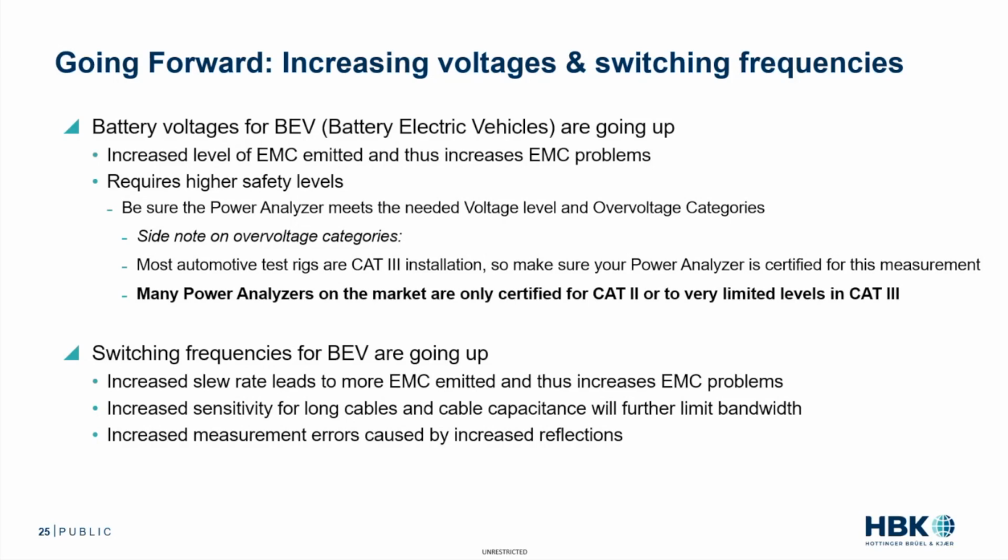So switching frequencies for battery electric vehicles are going up. So that's increased slew rate, which leads to more EMC emitted, and thus increases EMC problems. You have increased sensitivity for long cables and cable capacitance, and that's going to further limit bandwidth, and increased measurement errors caused by increased reflections.